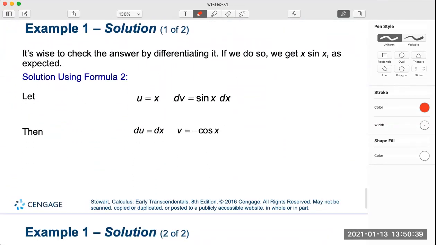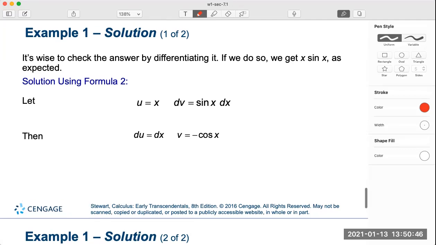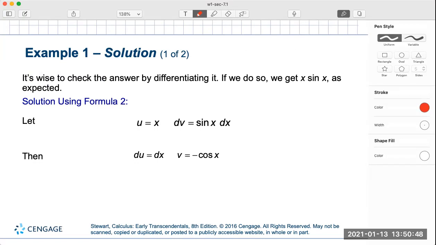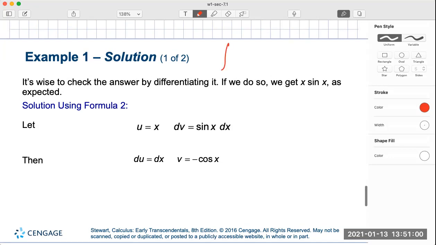So another way to find the solution, instead of using f and g, sometimes we use the notation u and v here. If u is x here, dv is sine x dx, right? Because the original question is integral x sine x dx, okay?